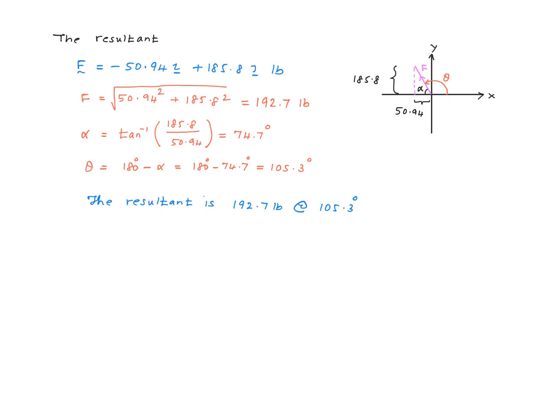And to define the direction in the standard way, which is by using an angle measured counterclockwise from the positive x-axis, let's go ahead and find this angle, theta. Theta is 180 minus alpha, right? So we get a value of 105.3 degrees for that. And therefore, the proper way to present the result is that the resultant is 192.7 pounds at 105.3 degrees.